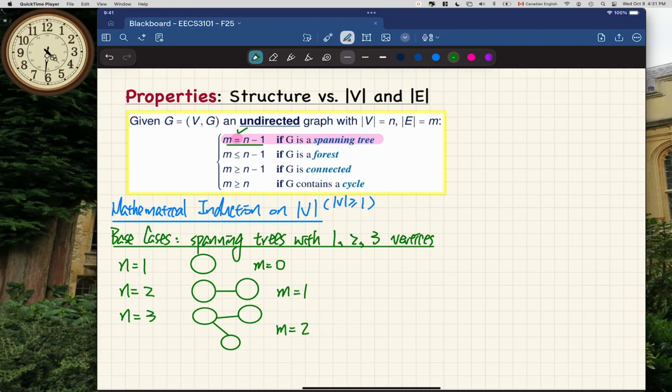Okay, and let's make our inductive hypothesis. I'll write it down here, which we're going to use to rewrite the equation when we talk about something that's larger. So this is our inductive hypothesis. We say that G is a spanning tree.